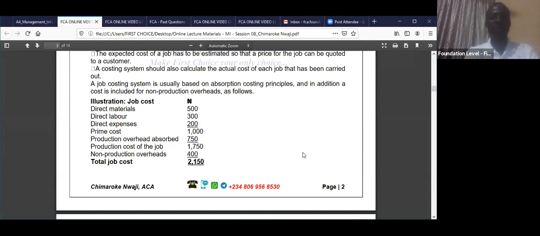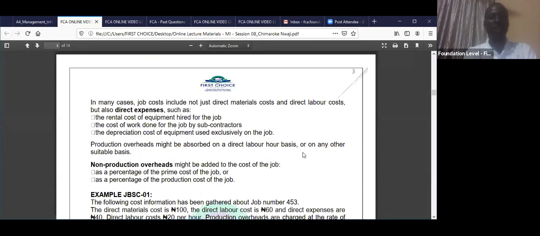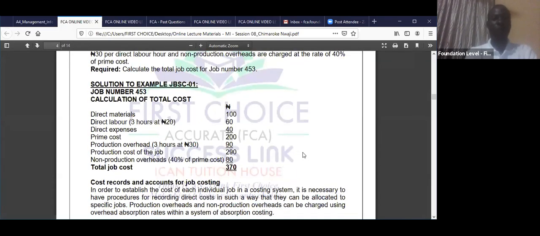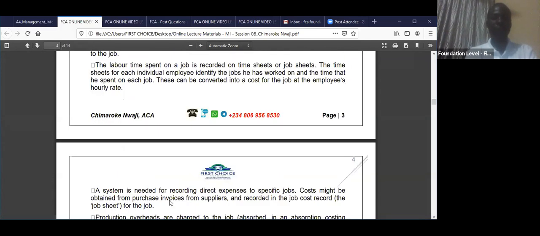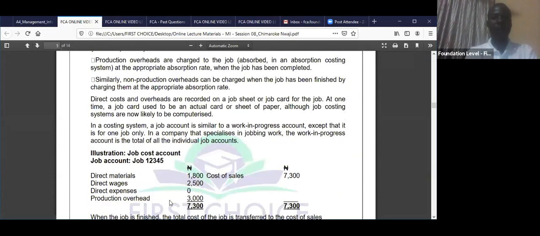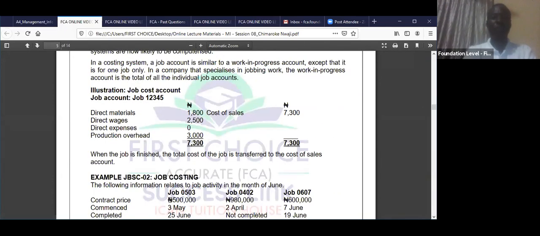We now saw an example of what I was just saying, non-production overhead. You see it here, 40% of prime costs. So we say it can be like that. Then production overhead, you see it's at labor costs. We now talked about the job cost account.